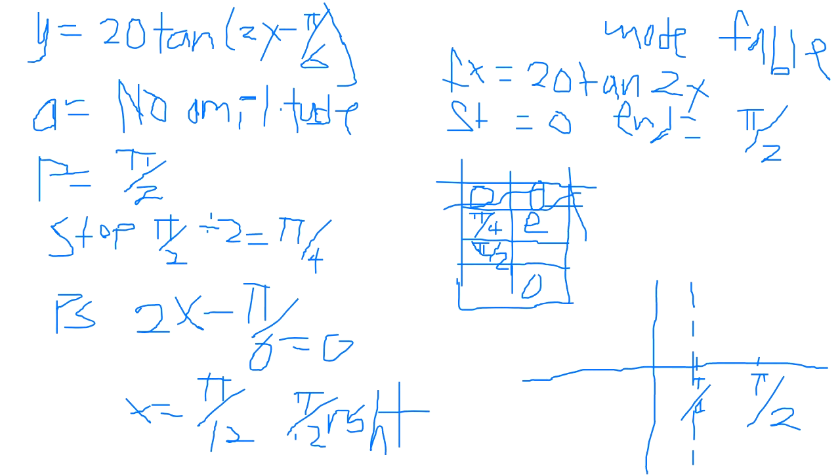So our graph will start from here up to 0. Then it's going to go like this. Now all you do is that you shift the points to the right by pi over 12.